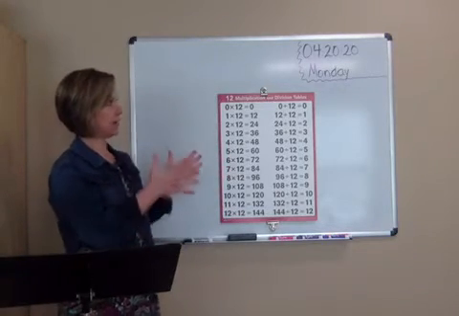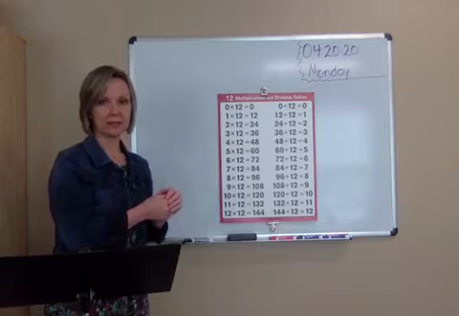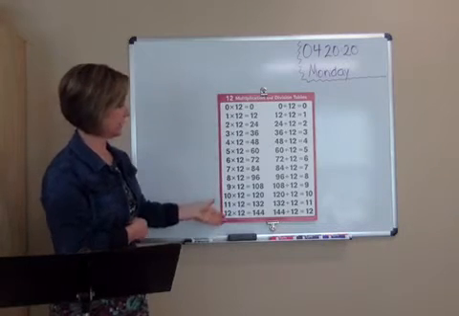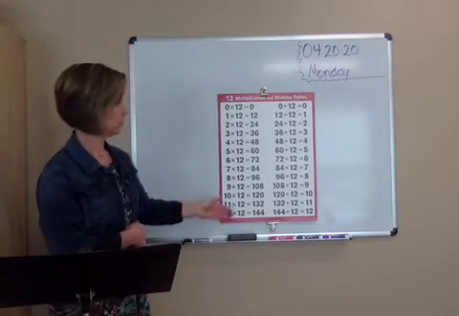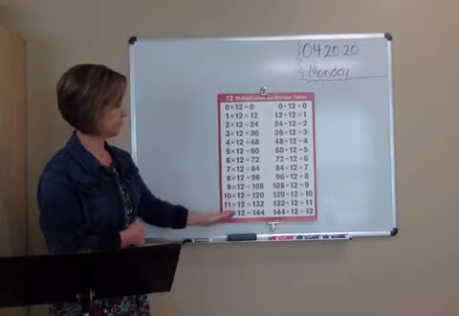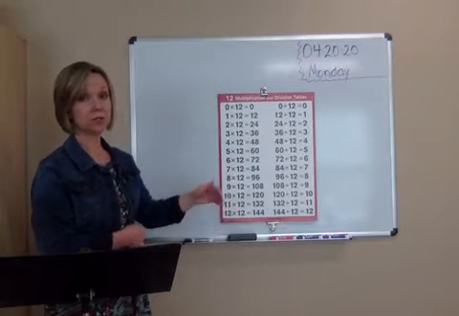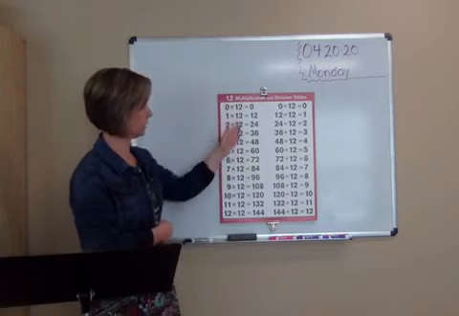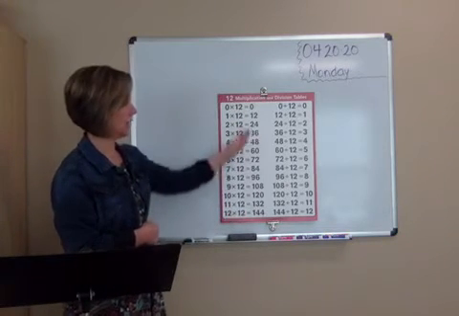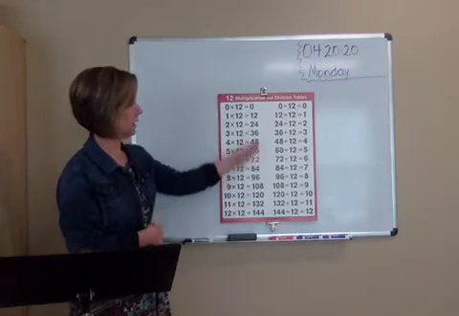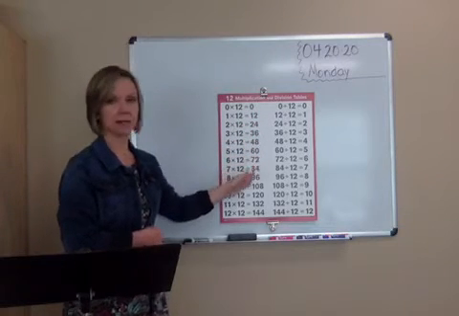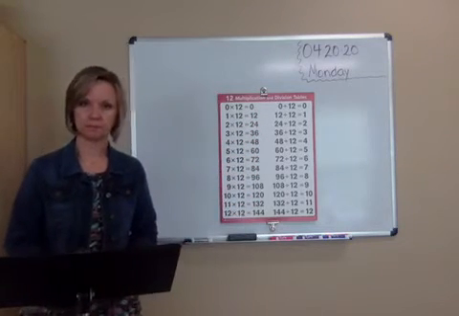We know to make our 12 table, if you want to have it handy, you write your number line for your first factor, your times symbol. We're using the 12 table, so 12 goes all the way down. Our equals symbol, and then we're counting by 12s for our products.